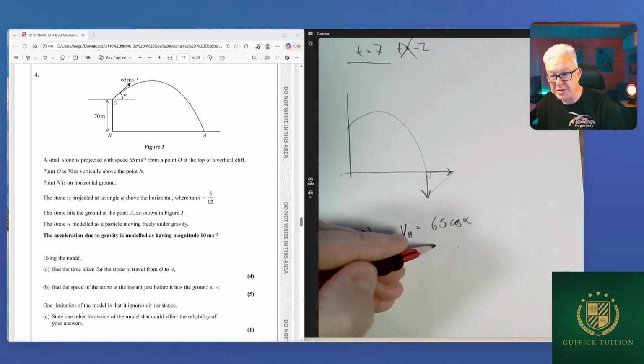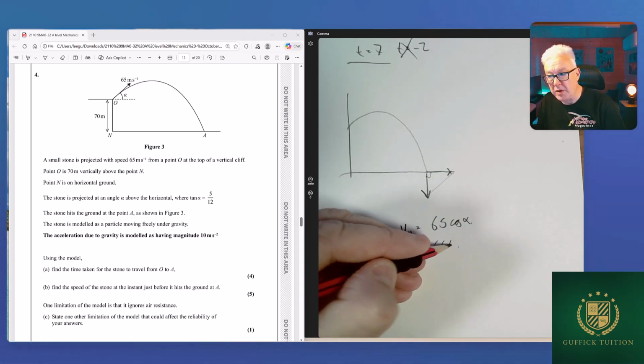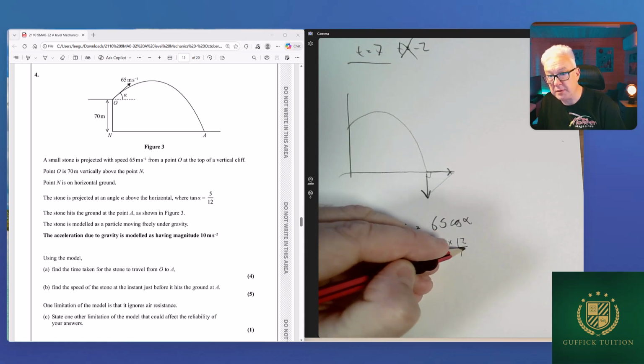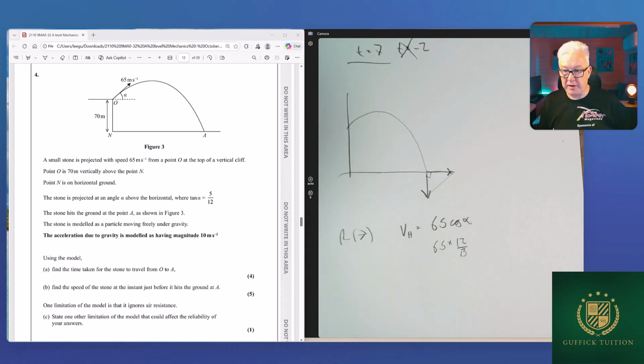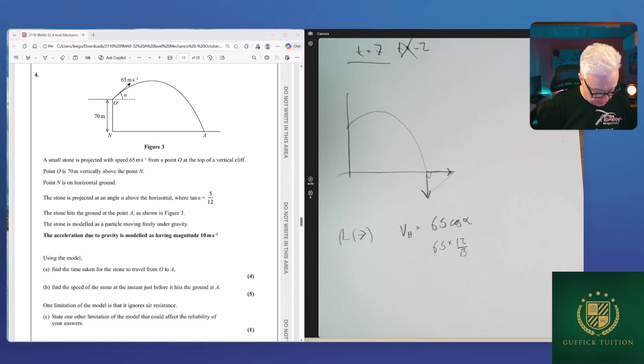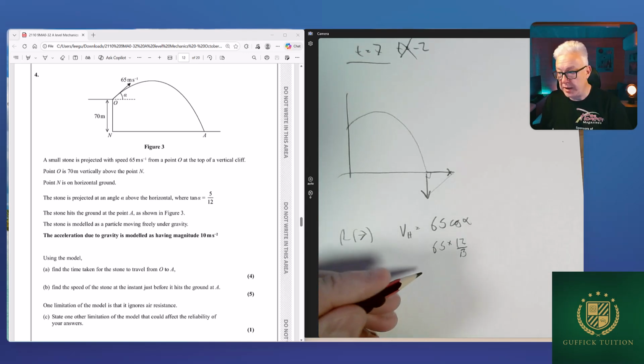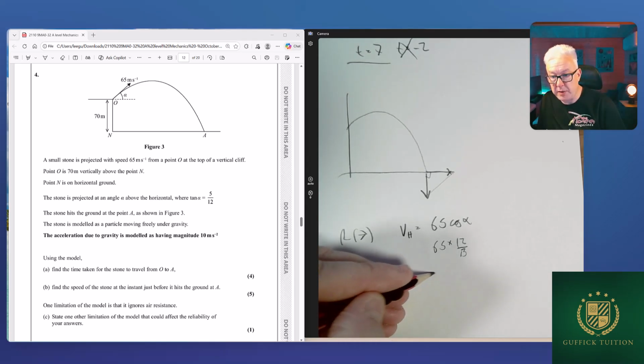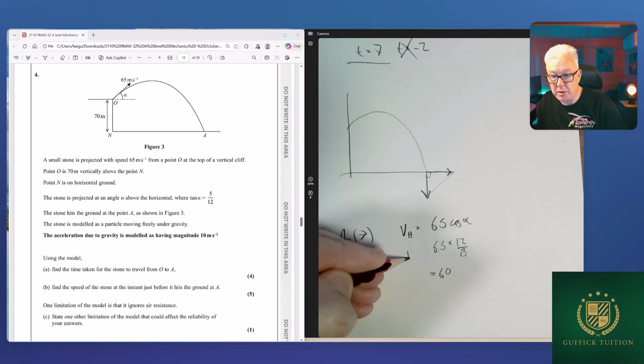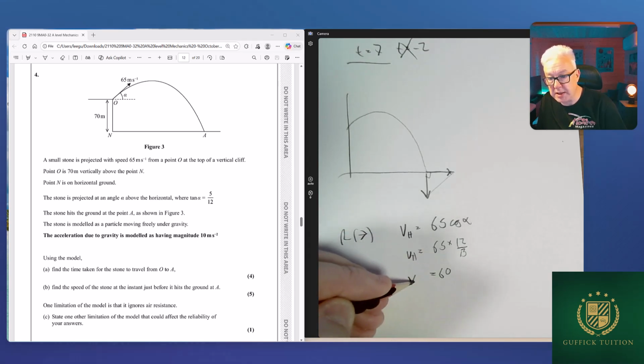And we found cos alpha earlier on was 12/13. So therefore it's 65 times 12/13. Let's just put that whole thing into the calculator. 65 times 12 divided by 13 is 60. There we go. So the horizontal component of the velocity is 60.